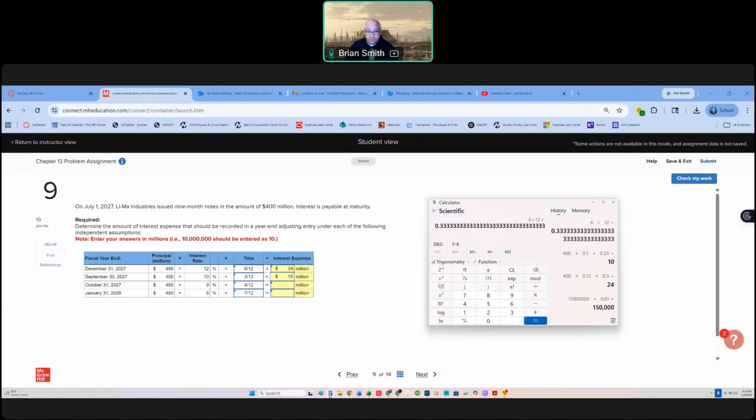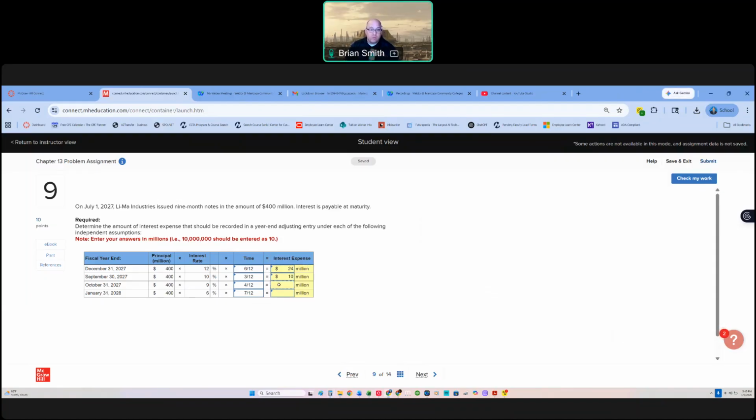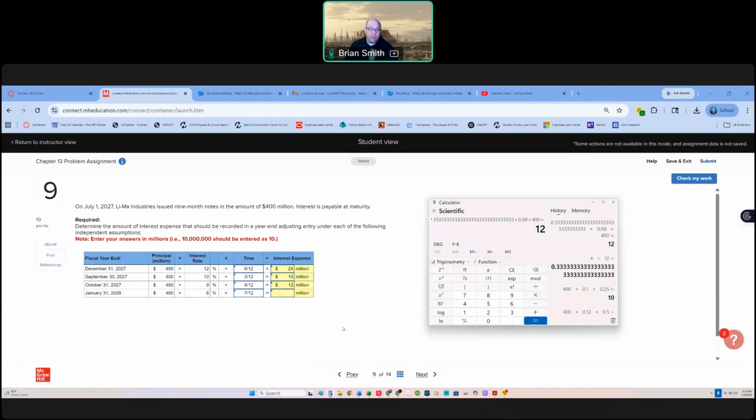Times 9% times 400. Got 12 million there. Is there a pattern? No, not a good one, because the interest rate's changing. If it wasn't that, we could have found a pattern. Okay, 7 divided by 12 times 6% times 400. We got 14.